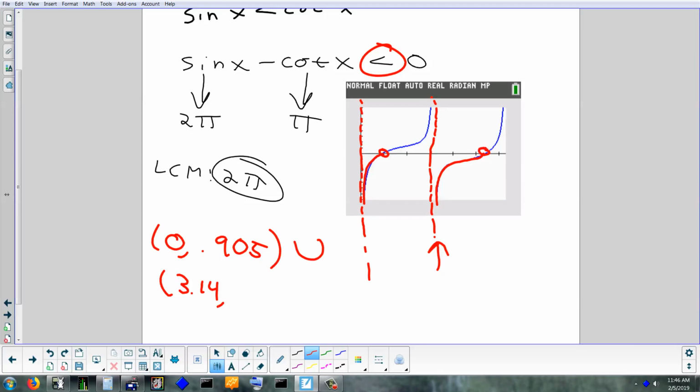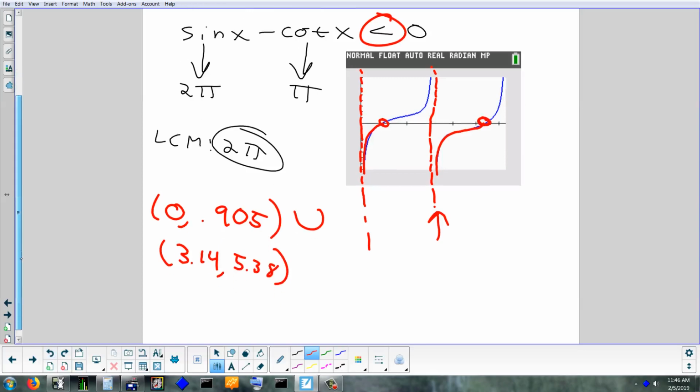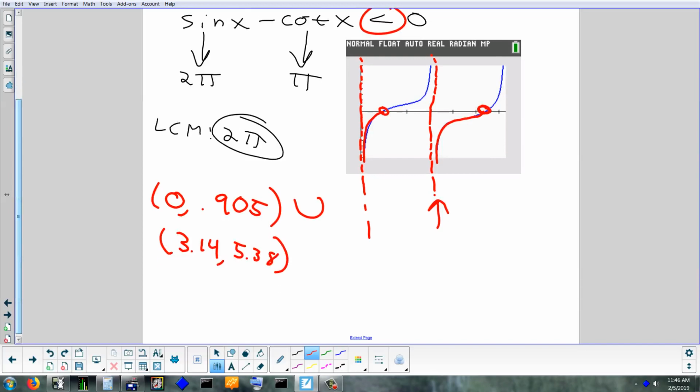And now what about where it ends? Can I include that? No, because it has to be less than 0. If that was an equal to, then I could put a bracket like that, but it's not. 5.38. Thank you. Now, how often do those two intervals repeat?